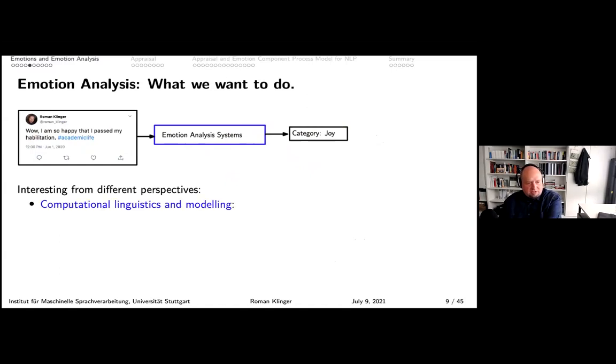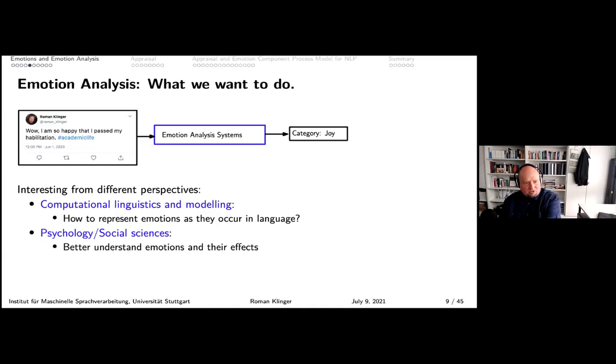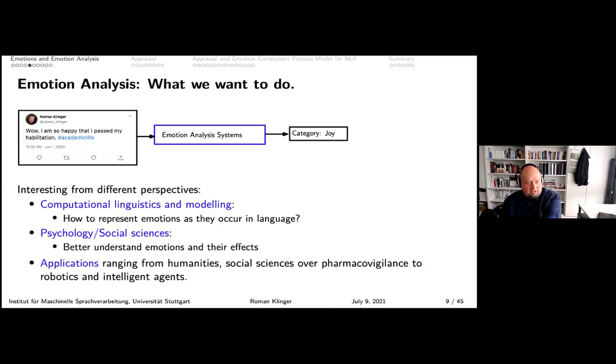In computational linguistics and modeling, this is interesting because we can learn how emotions are expressed in language, how they occur in language. But it's also relevant for psychology or social sciences and also, of course, computational social sciences, because we can better understand emotions and their effects in society, but also for individuals. And there are many applications in humanities, social sciences, but also in pharmacovigilance or robotics and intelligent agents.